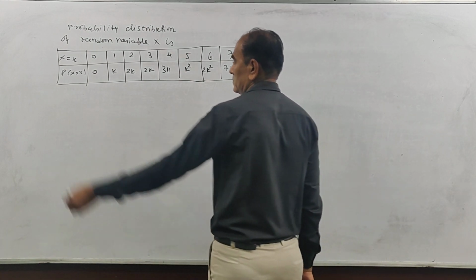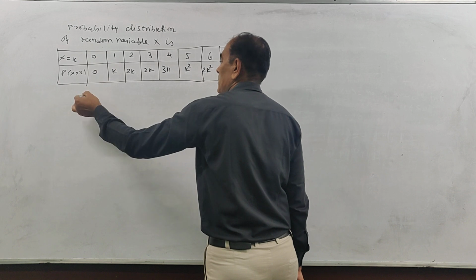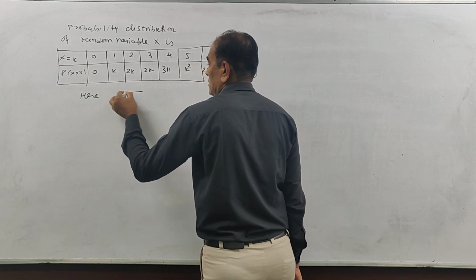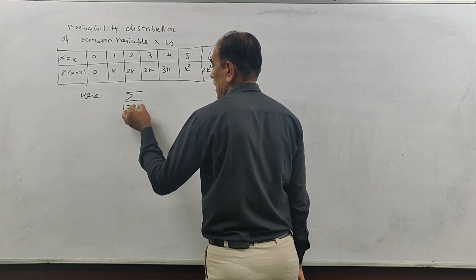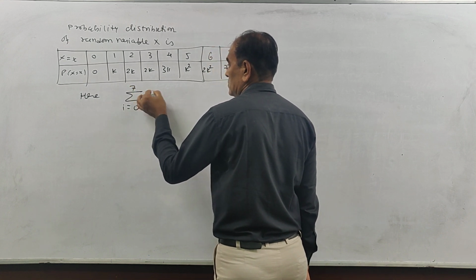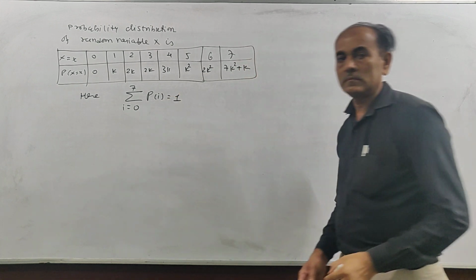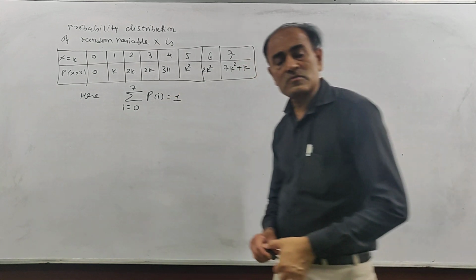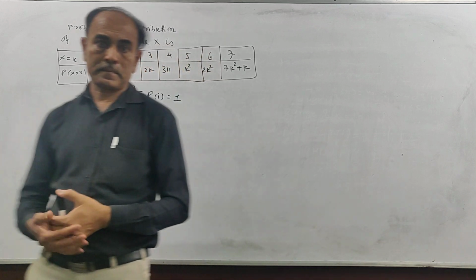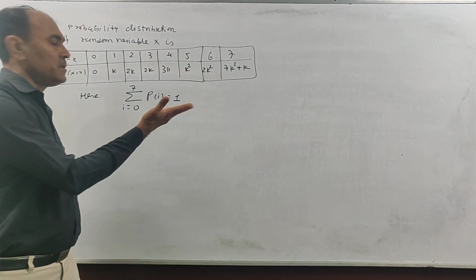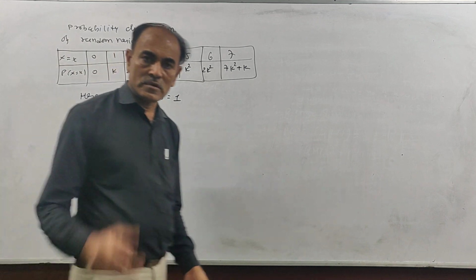Now see. We know that this is a probability distribution, which means the sum of P of I, for I equal to 0 to 7, is equal to 1. All probabilities should be non-negative as well as the sum of their probabilities is 1.